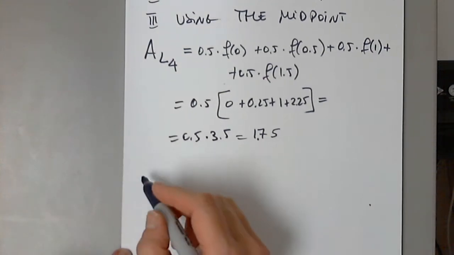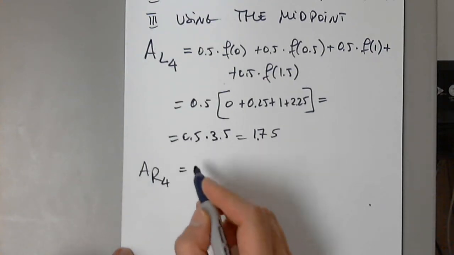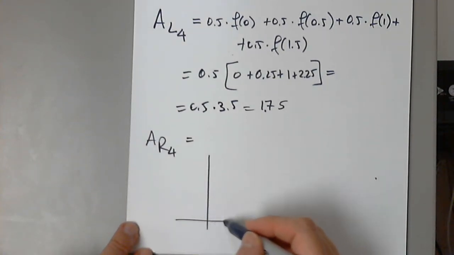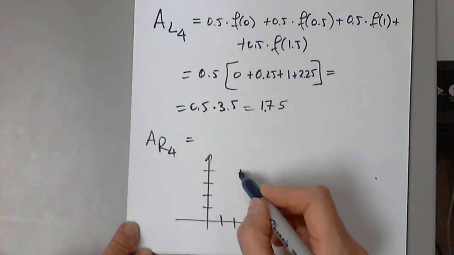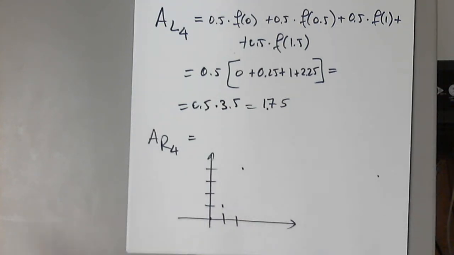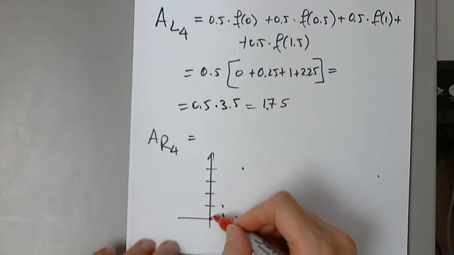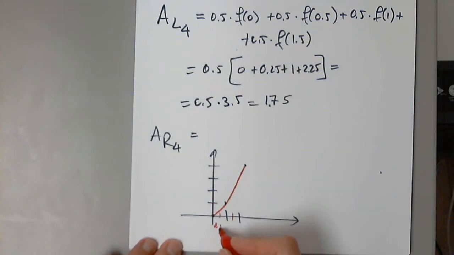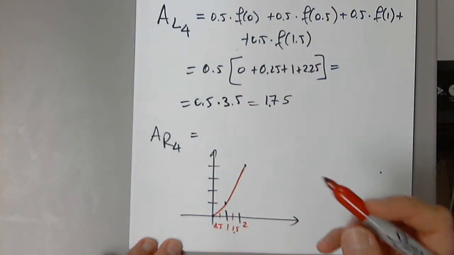Okay, let's move on to the area with the right 4. Let's graph it one more time. So here's the graph. 0.5, 1, 1.5, and 2.